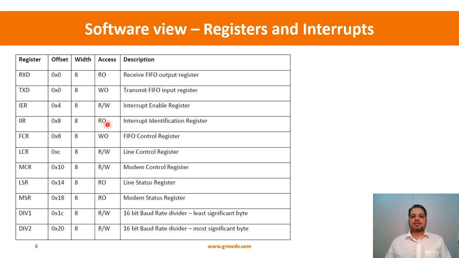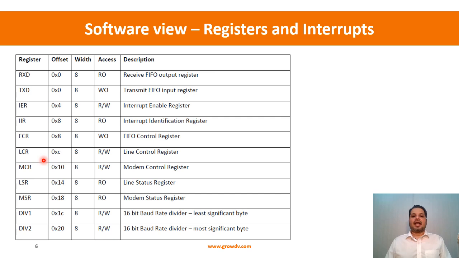It's a read only register, and whenever you read, in a prioritized way, it gives you an ID indicating which of the enabled interrupt events has taken place, for which the IRQ was asserted. And then you have the FIFO control register, which is at offset 8. This is a write only register. It's a control register, and it allows you to flush the FIFO or configure threshold limits for when the interrupts need to be generated.